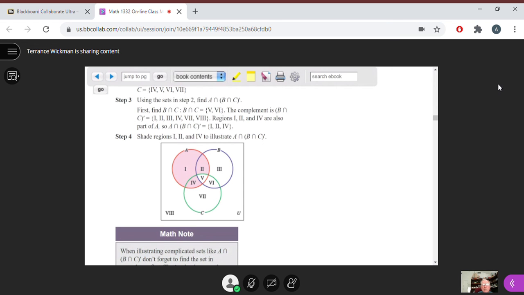So again, the intersection between B and C is 5 and 6. But it wants all that stuff associated with A that is not in there, and that would be 1, 2, and 4. So that's what you've got to be able to do.